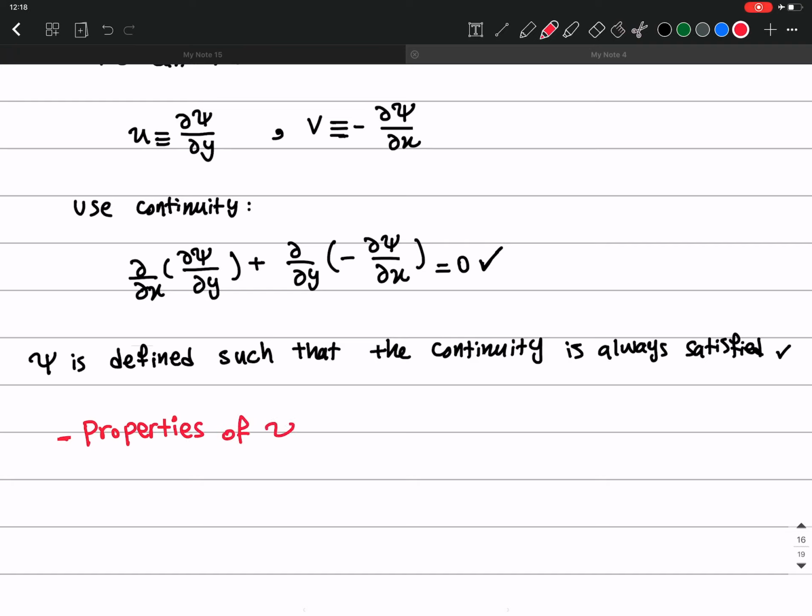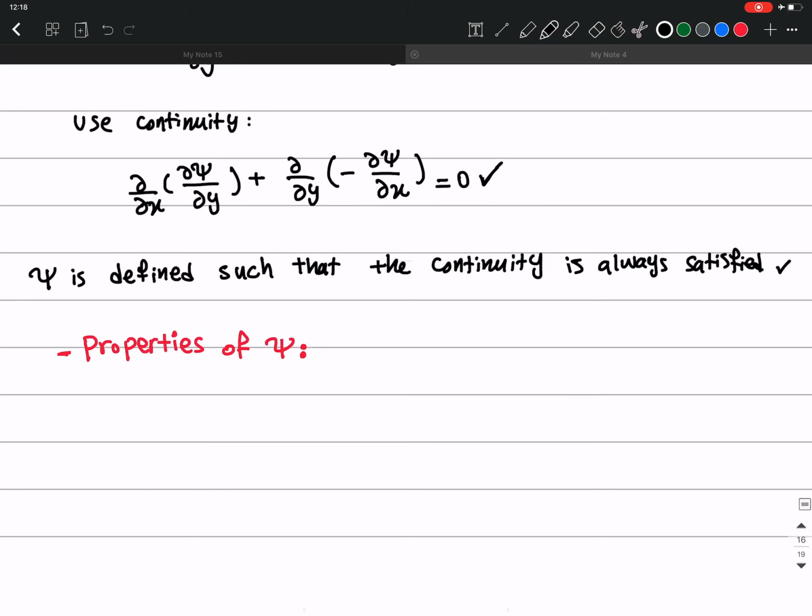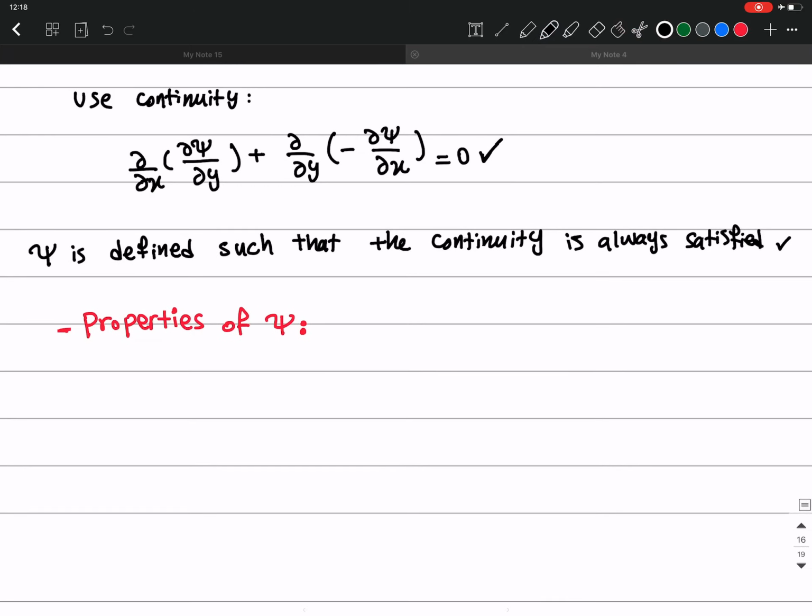The first property is, I want to say what does this psi mean? So this psi, if it is constant, for a constant psi, what do they actually represent? They actually represent streamlines in the flow.